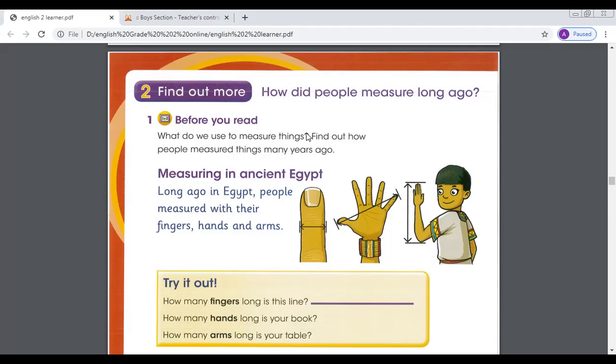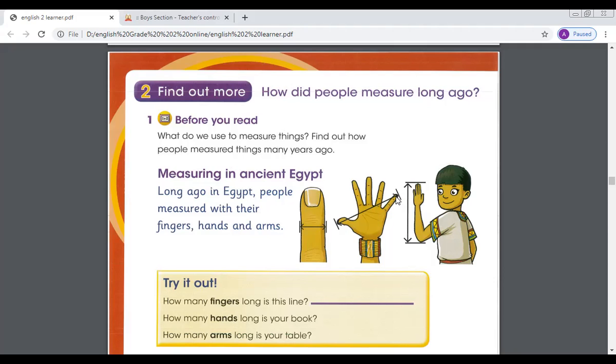But in the past, long ago, when there was no scale or measuring instruments like now, how did people measure length? Here are the methods. Number one, we use fingers, hands, and the arm, from the elbow up to the tip of the finger.